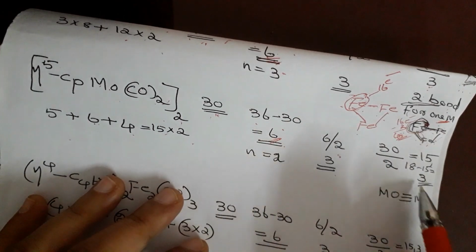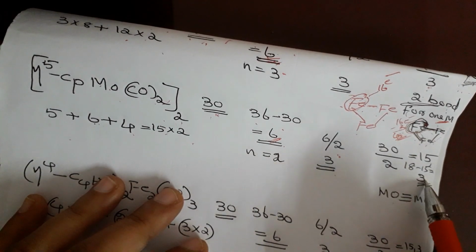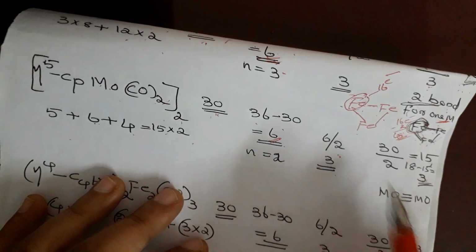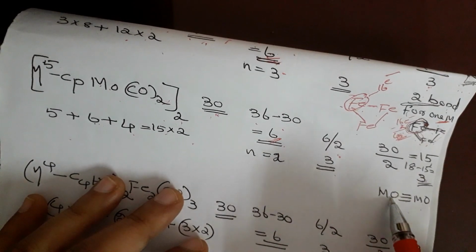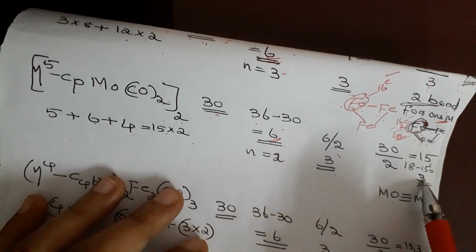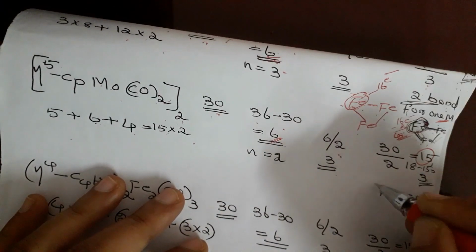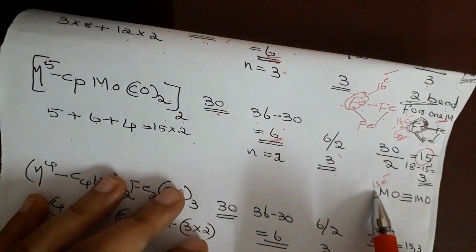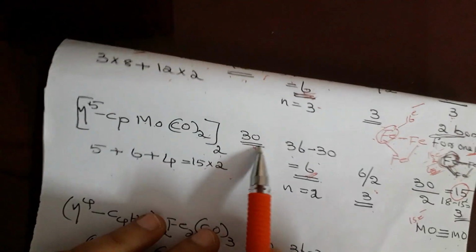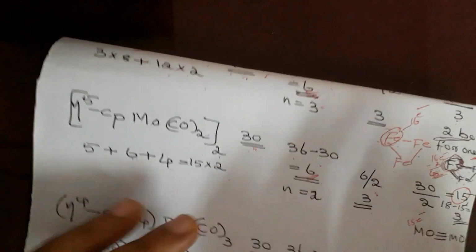So we can put the structure like that: Mo triple bond Mo, one metal atom with 3 bonds. One metal atom has 15 electrons, and 15 plus 15 is 30. Like that you calculate. This is a very important question, how to calculate metal bonds.